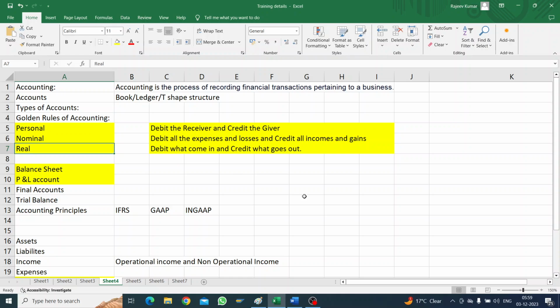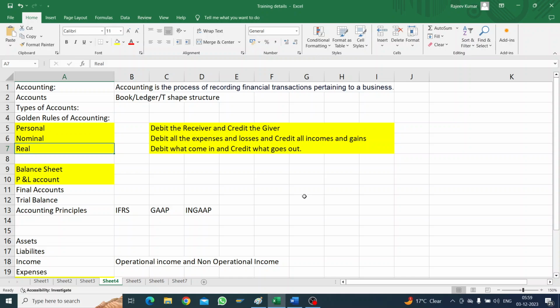Now you may ask, how do I identify whether an account belongs to any of the three categories? What is the identification? Let me give you a very quick way to identify which of the three types mentioned here an account belongs to.